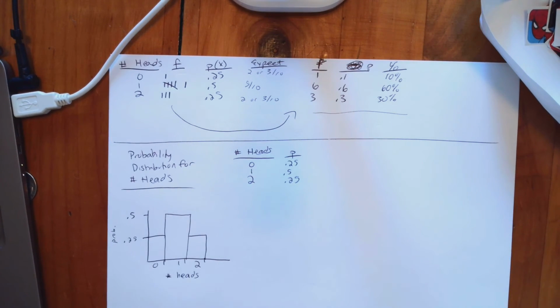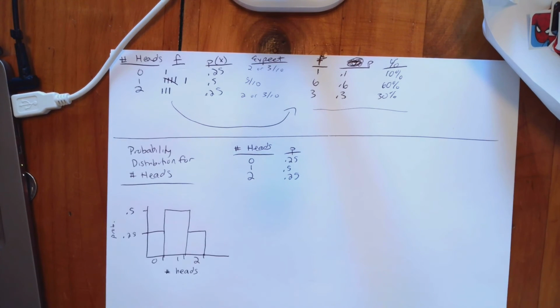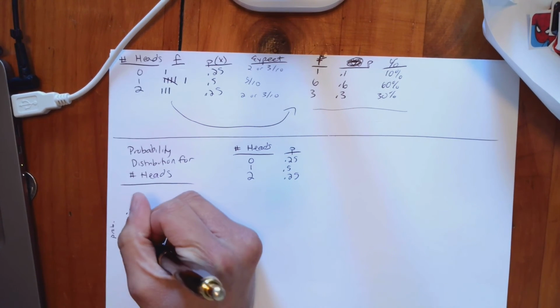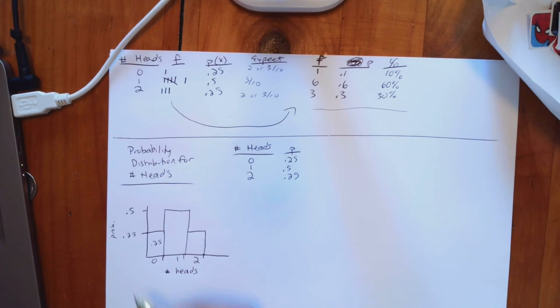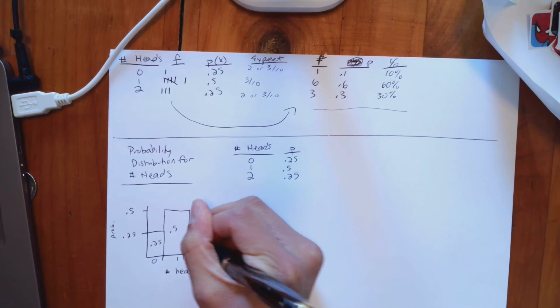So I also mentioned thinking about the graph as having an area. So when I say an area, I mean like a shape. So, squares have area. And for these, I want you to imagine that each bar has an area equal to its height. So we're going to say that this bar has an area equal to 0.25. This bar has an area equal to 0.25, and this bar has an area equal to 0.25.